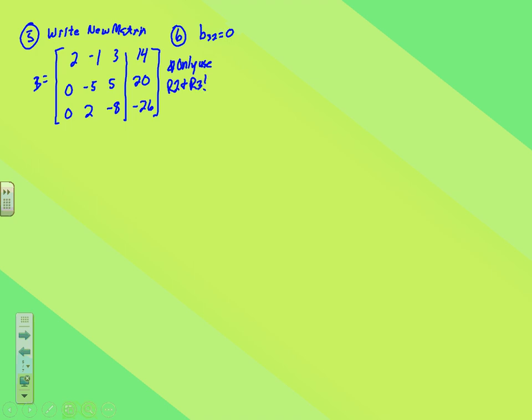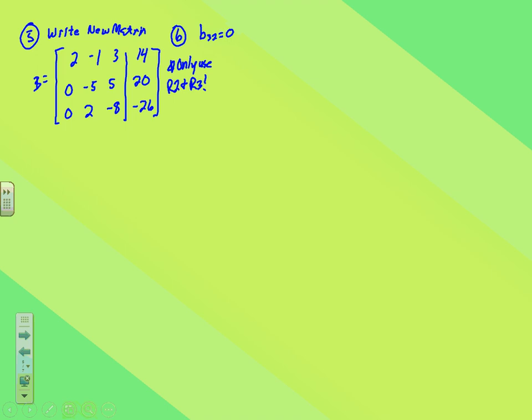We really only want to use row 2 and row 3, because if I try to use row 1 and eliminate the 2 that is in row 3, when we combine the two rows together, the 0 that we just found for row 3 will go away. So that's why we only want to use row 2 and row 3 at this point.